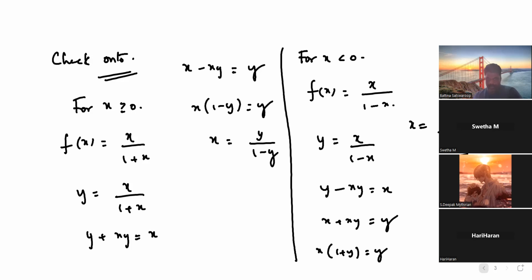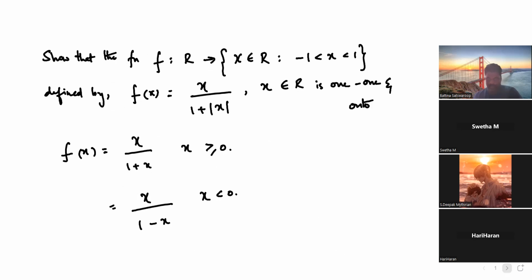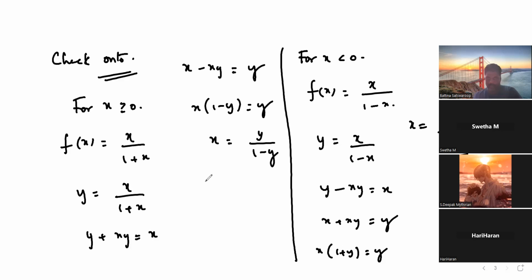Here there is one small point. If y value is equal to 1, x is not defined. Correct? But what they have told is y value is lying between 1 and -1.